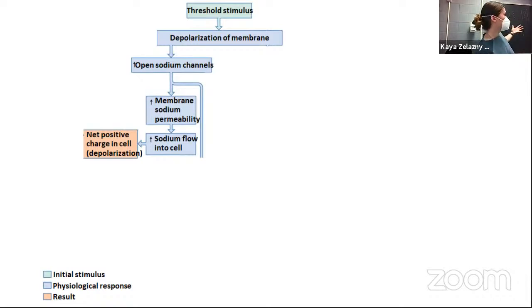We call this depolarization when we have this net positive charge in the cell. It's still depolarization, whether we get from -60 to -55, or whether we're going from 0 to 30, both of those refer to depolarization because they're both in the same direction. So it's about the direction here, not about the absolute number.